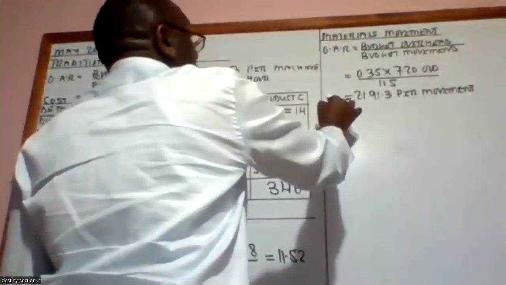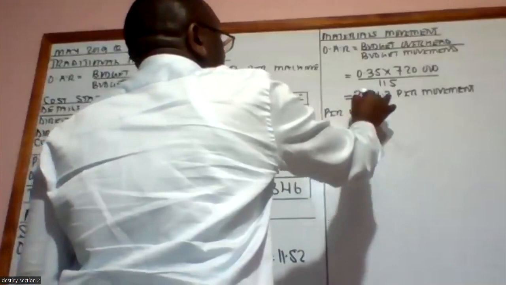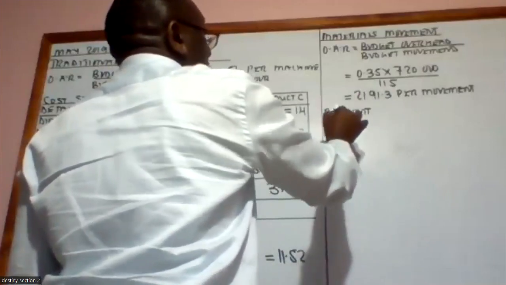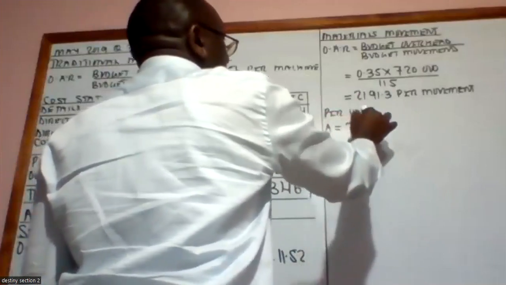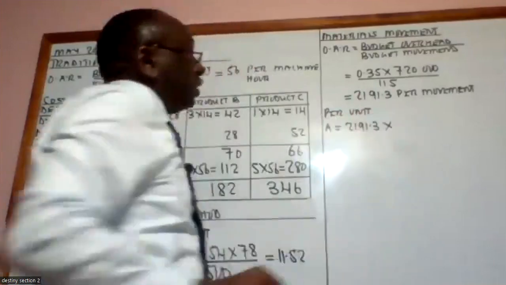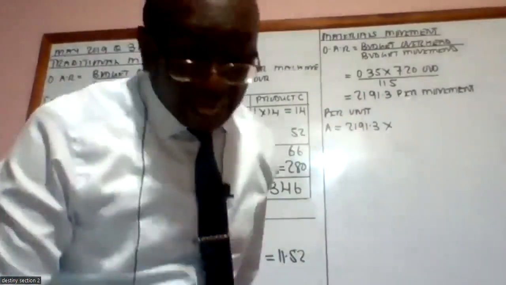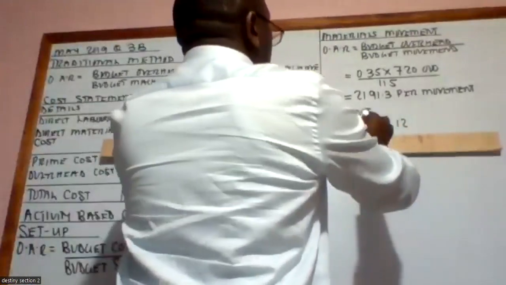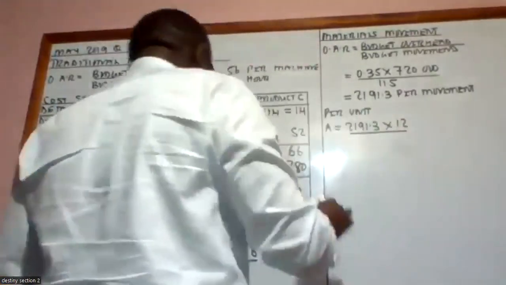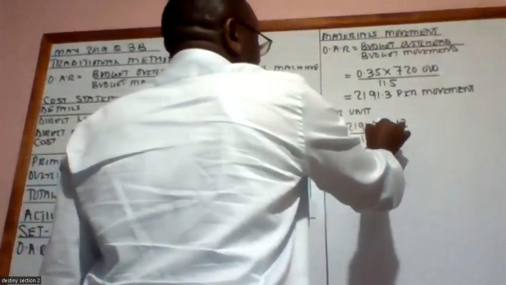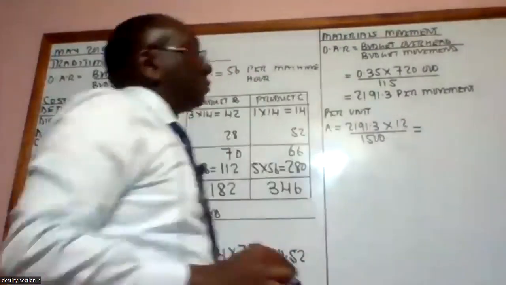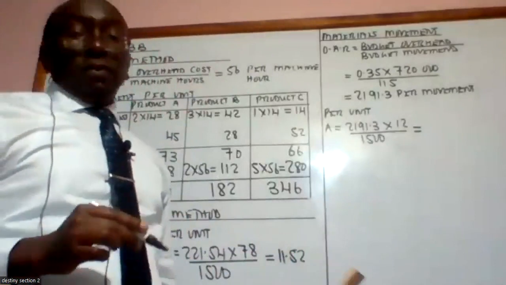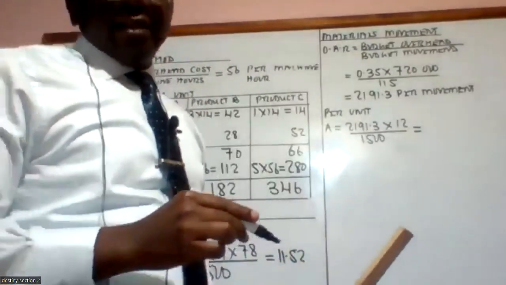So per unit of A, we are going to have 2191.3 times 12. You divide by 1,500.